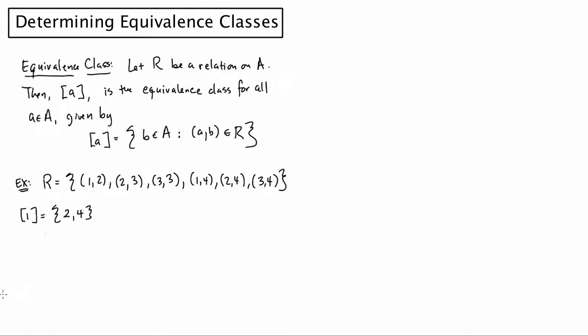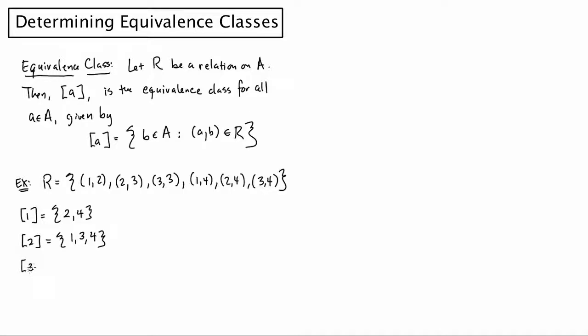So there's the equivalence class there. 2 is related to what elements? 2 is related to 1, 2 is related to 3, and 2 is related to 4. So that is the equivalence class for 2.